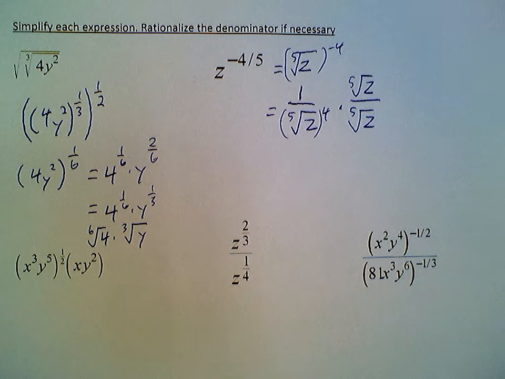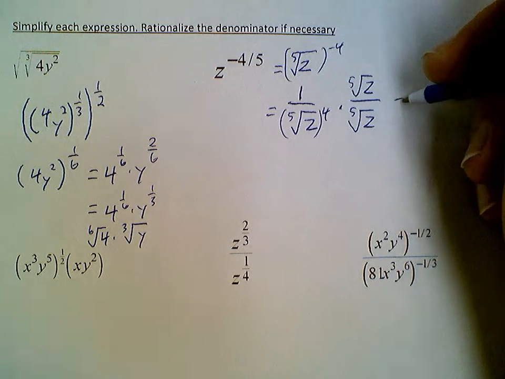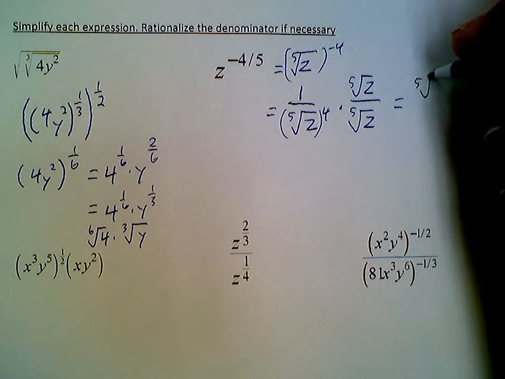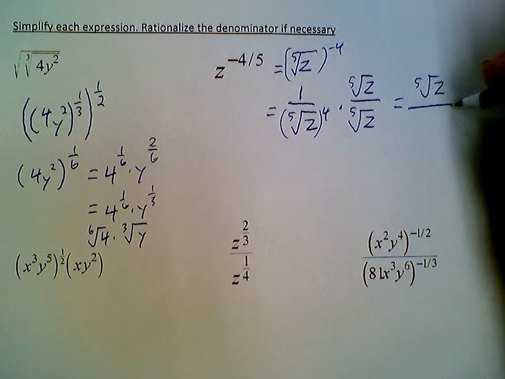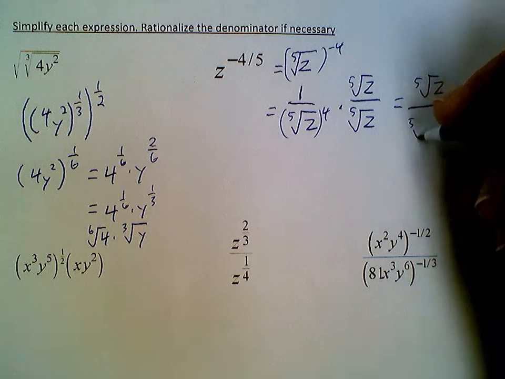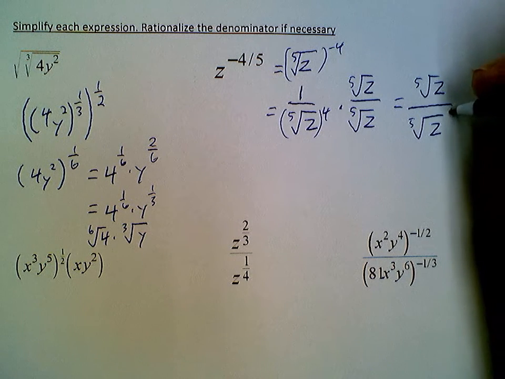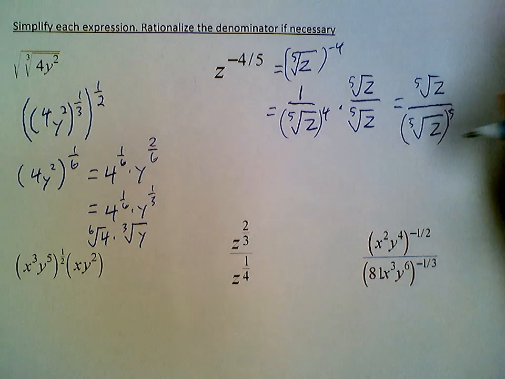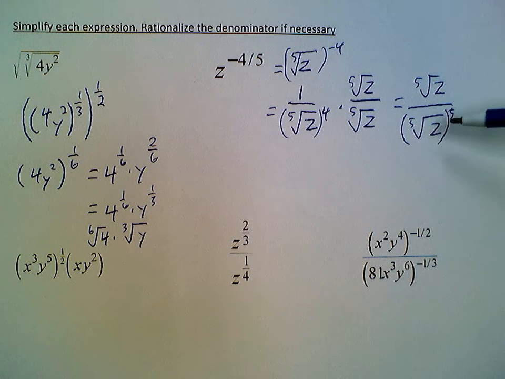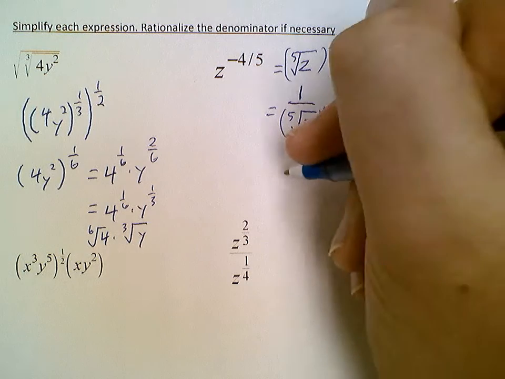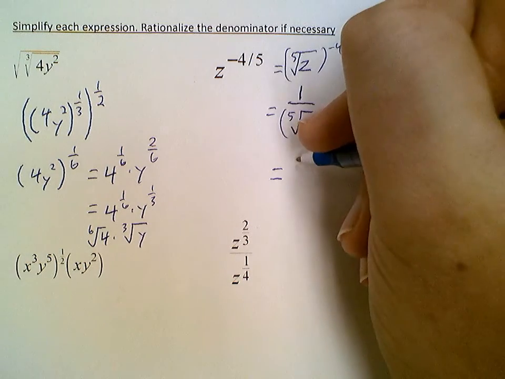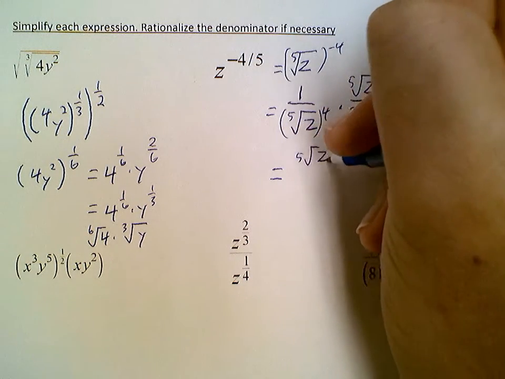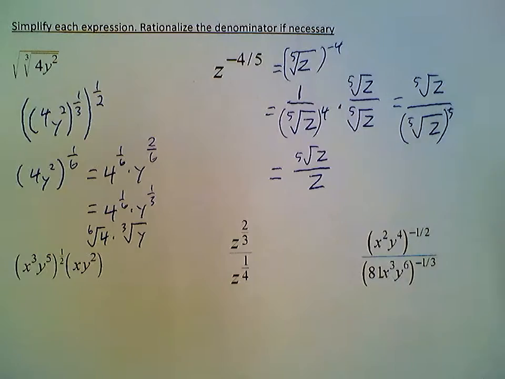Okay, so then if I do that in the numerator, that's all I have is 5th root of z. In the denominator, I now have the 5th root of z to the 5th power. And what happens if you take a 5th root to the 5th power? Just cancels out.